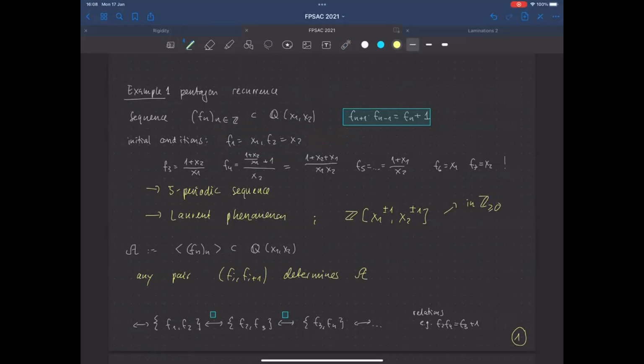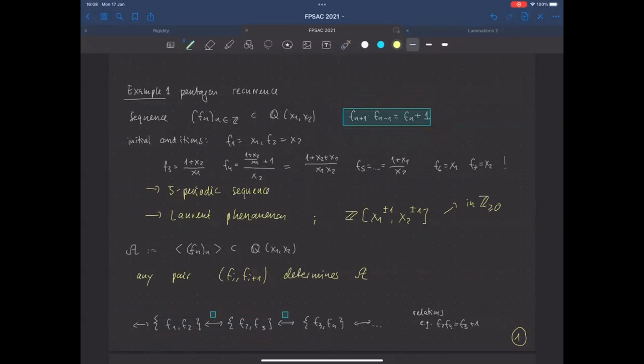And we have an exchange relation, so we can drop one of these Fi and get a new one by this relation. So in fact, this blue box here tells me how to go from one set of generators to the next set of generators.